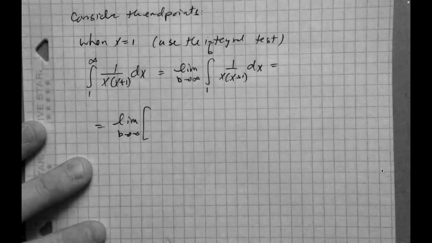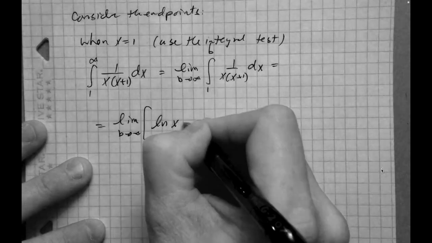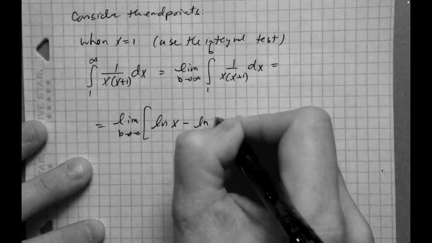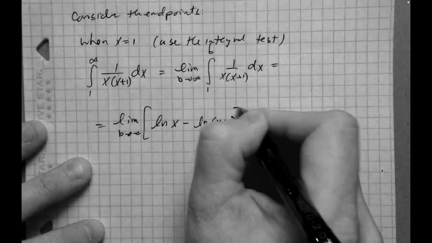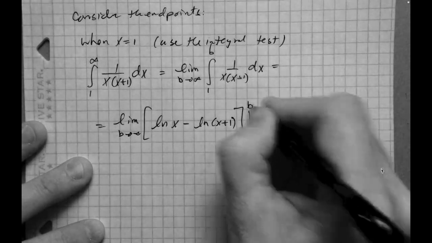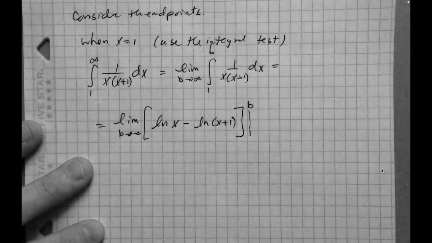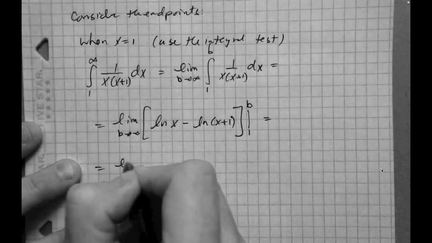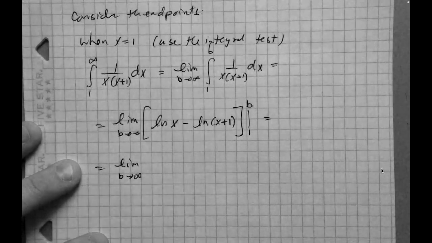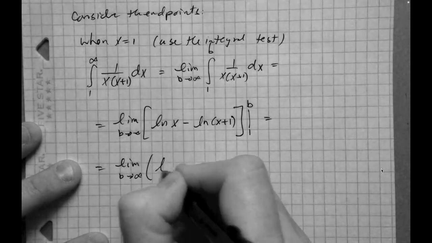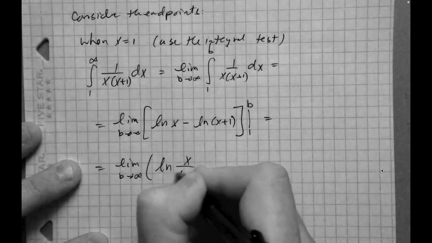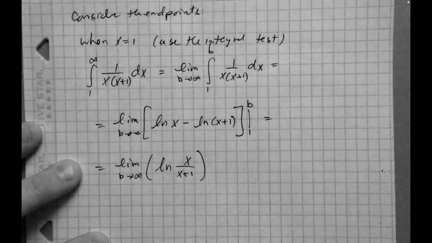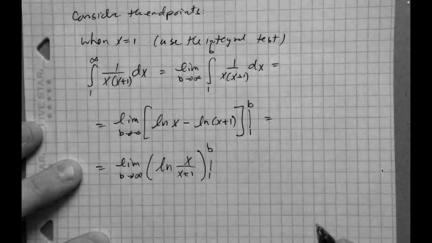I'm going to skip over that part, and we'll see that this is the natural log of x minus the natural log of x plus 1 from 1 up to b. And so the limit as b goes to infinity of the natural log of x over x plus 1 from 1 up to b.